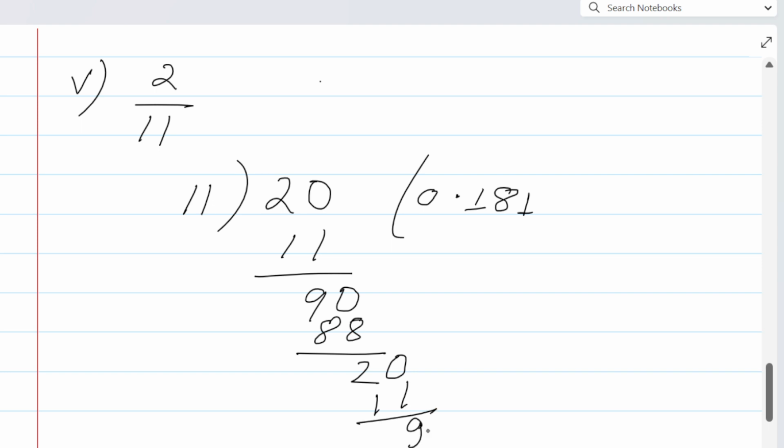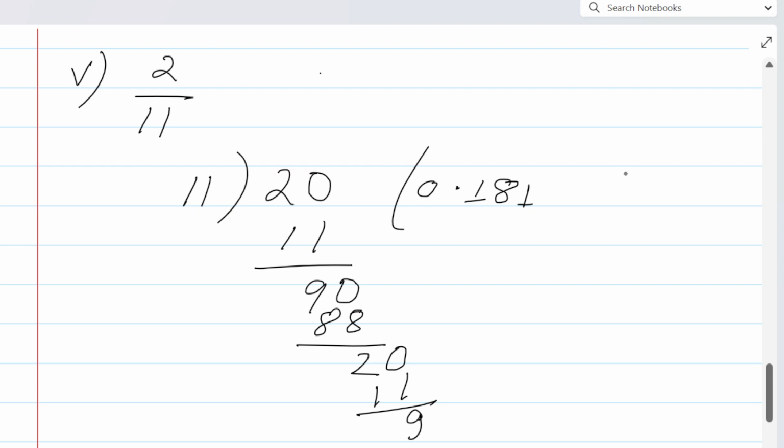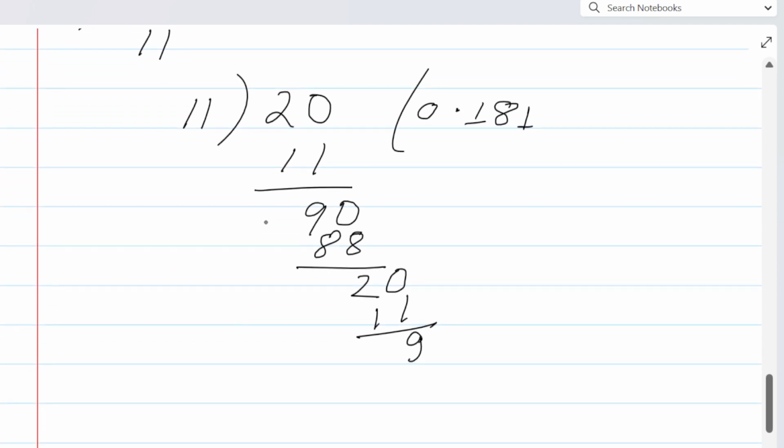So this is 9. Again this decimal point, so one more 0 here free. 11 and 90 again 8 times, 88. 2. So this is again repeating. Again I'll get 20. Again I'll get 1.